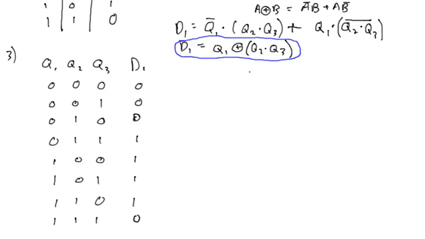So let's check our work here. I want to make a column that's Q2 and Q3, and I think I'll put it over to the left there, so that it's right beside the Q1. Make it easy to see. So Q2 and Q3.